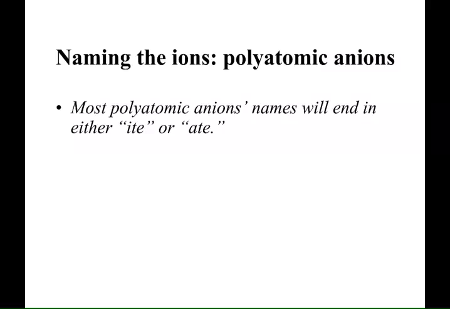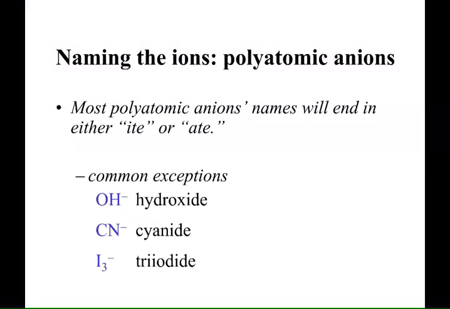Okay, so I'm going to try to give you some hints, though. You have a series of polyatomic ions that have different numbers of oxygens. The one that has the most oxygen will end in -ate. The one that has the least oxygen will end in -ite. We already talked about the cyanide and triiodide.